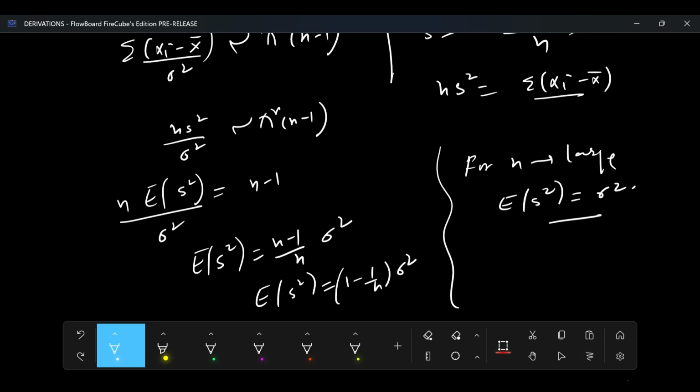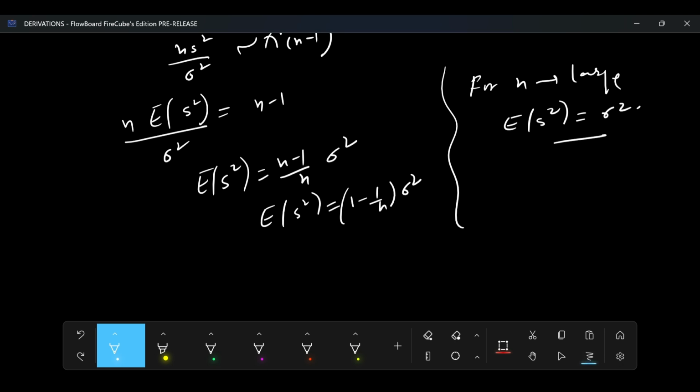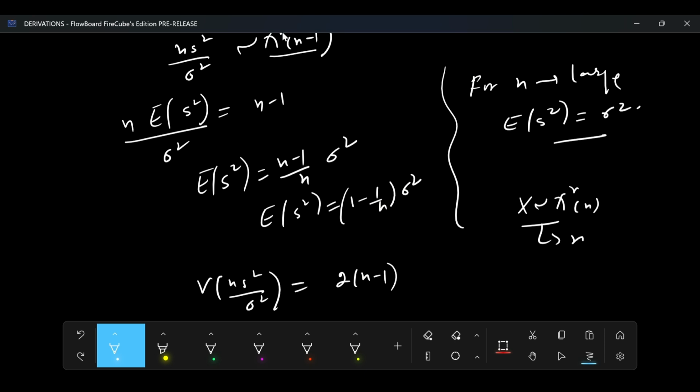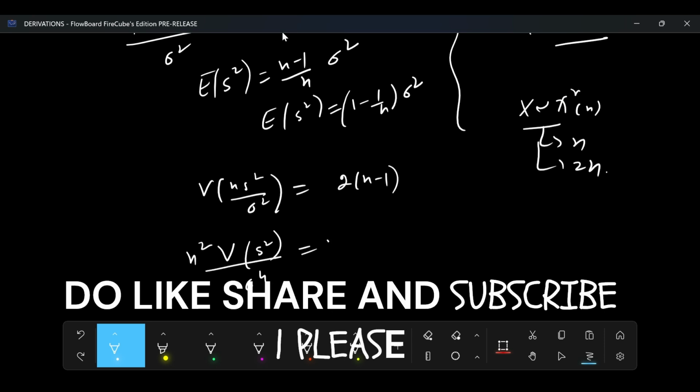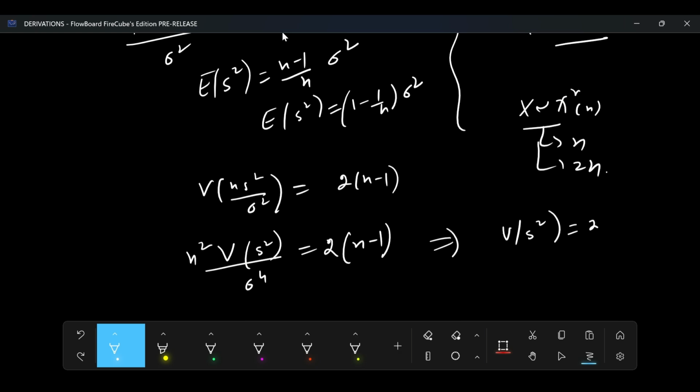And similarly, what will be the variance of n s square upon sigma square? That will be 2(n minus 1). As you know, if x follows chi square n, expectation of this will be n and variance of this will be 2n. So variance of this will be 2(n minus 1). So n square variance of s square divided by sigma 4 will be equal to 2(n minus 1), which implies that variance of s square will be 2(n minus 1) upon n square times sigma 4.